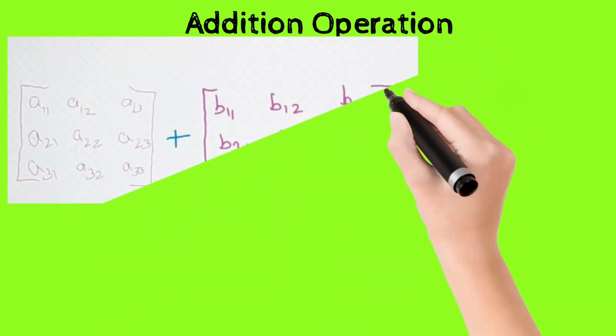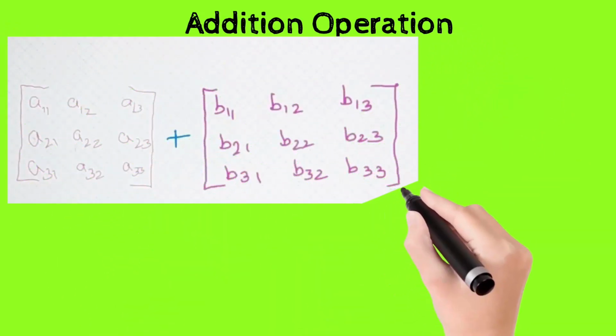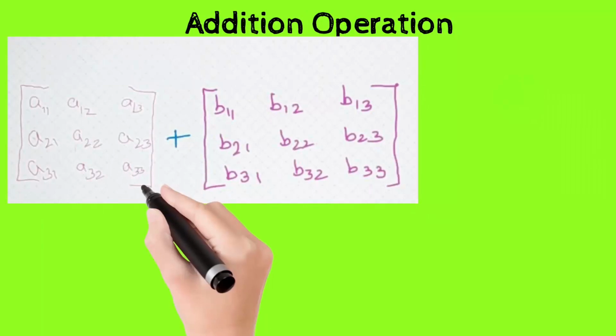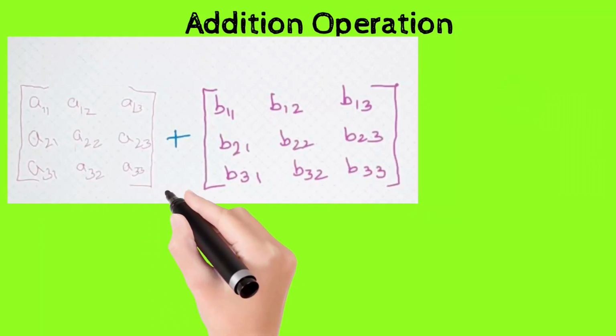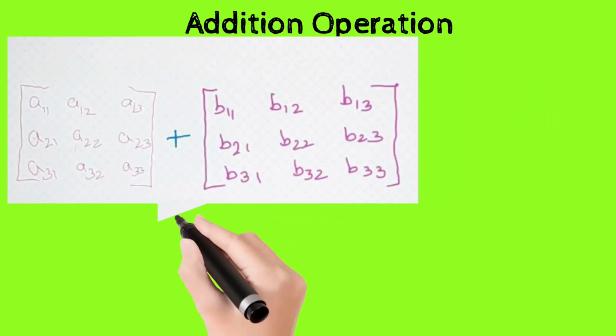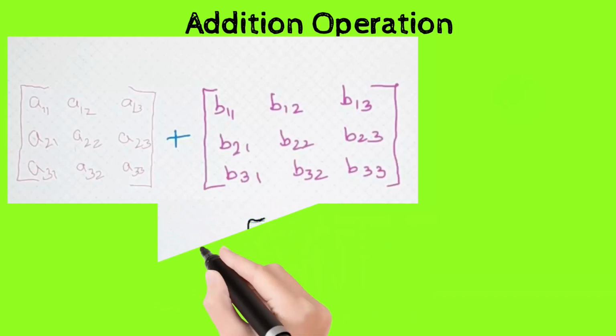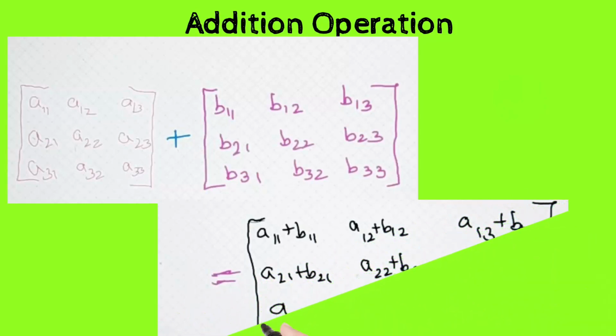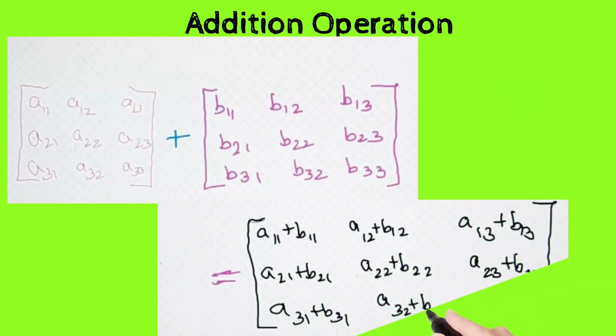So the addition operation. Let us take a case here. We have two 3 cross 3 matrices that are supposed to be added. The first matrix is represented as A11, A12, A13 and the elements of the second matrix are represented as B11, B12 and B13. Since we are asked to add, we'll add the respective elements of the two matrices. That is, A11 and B11 will be added together. In the same way, A12 and B12 will be added as the second element, then A13 and B13.